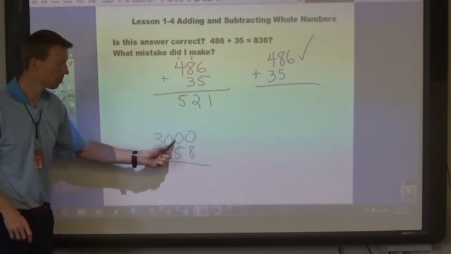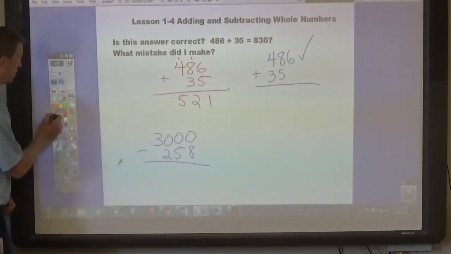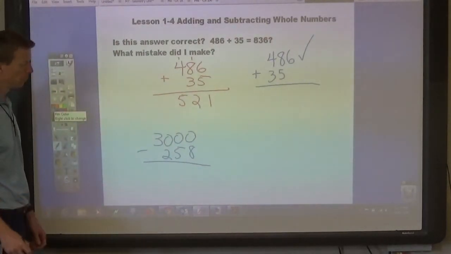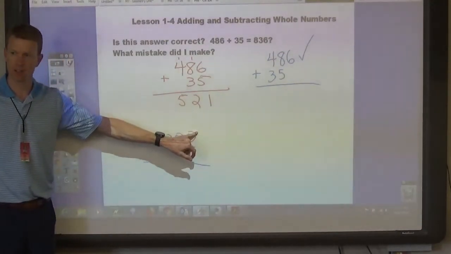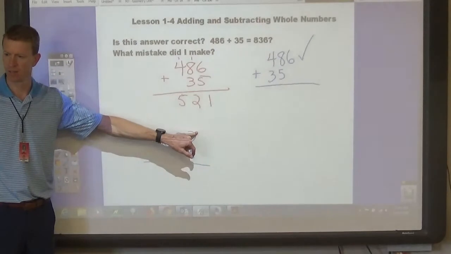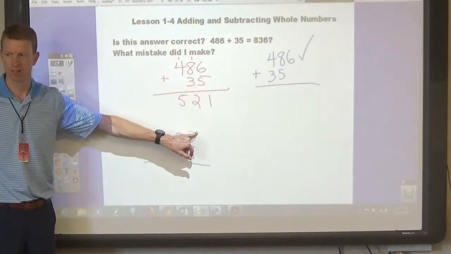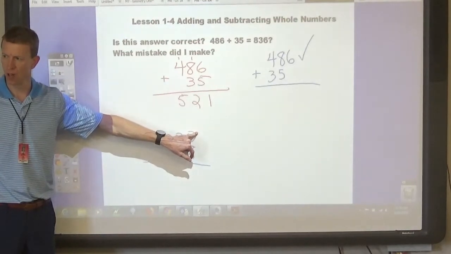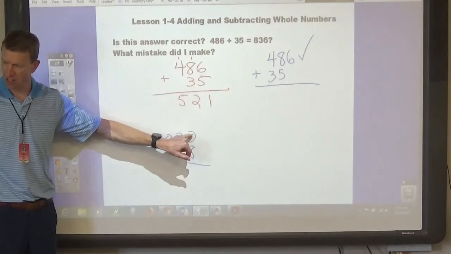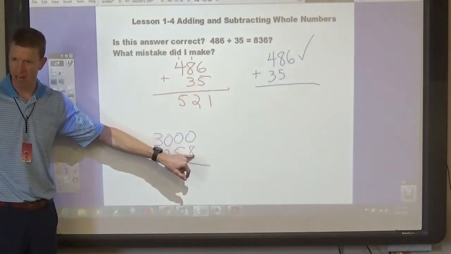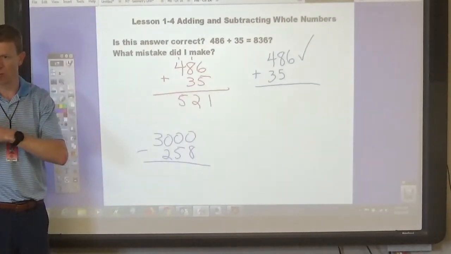So, is this lined up correctly? Yes. Good. So, can we do 8 minus 0 to solve this? Calvin? No, you have to start with the number that's on top. 0 minus 8, and if you have 0 ones, you can't take away 8 ones.